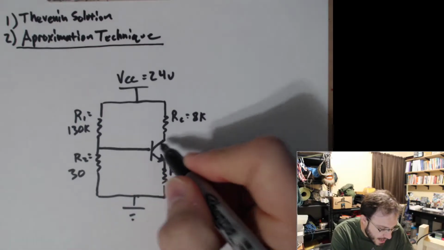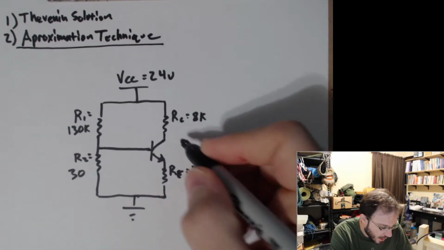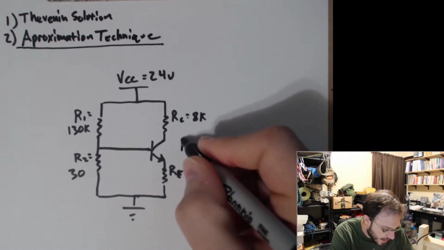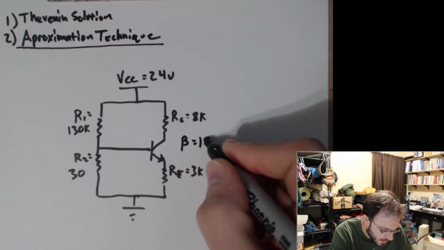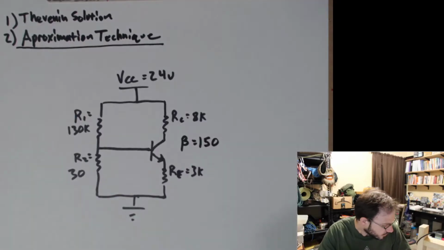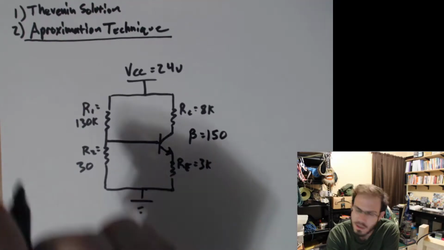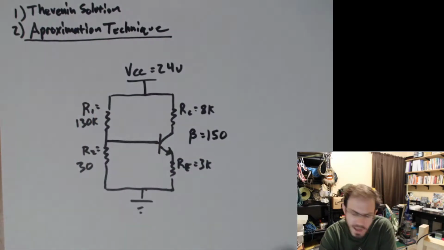Now, I did not give a beta for this transistor, so let me go ahead and put that to complete this problem. We're going to give ourselves a beta equal to, let's just say 150. And let's also put some conditions on when this approximation technique is most valuable.